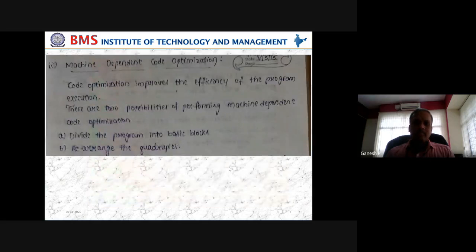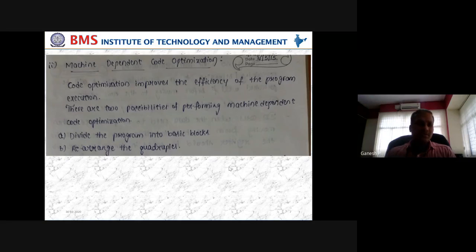There are two concepts or two ways which we can consider as part of machine independent code optimization. We have some 5 to 6 methods in machine independent code optimization, but we'll be touching on only 2 of those. Before we get into this, what do you mean by code optimization? Why do we need to do code optimization?